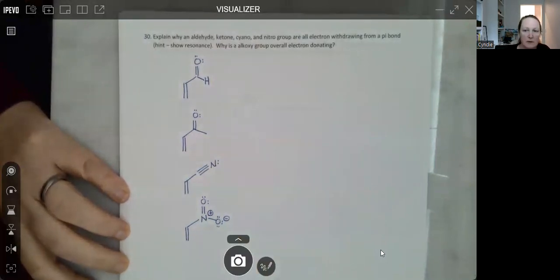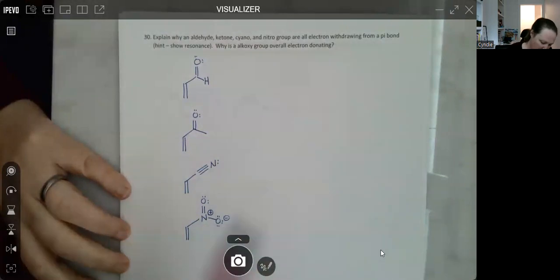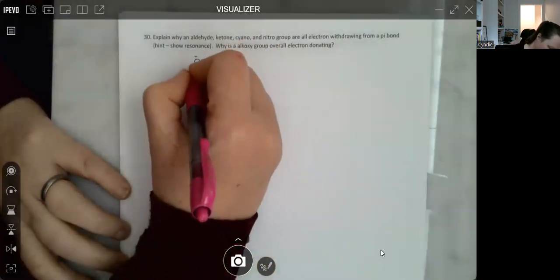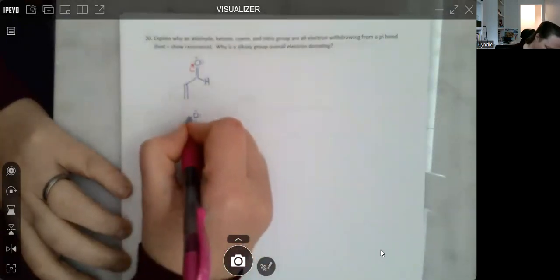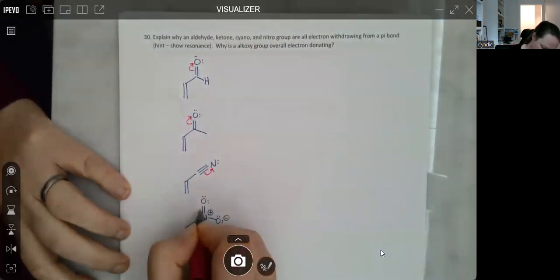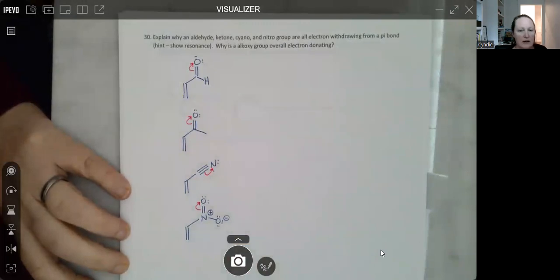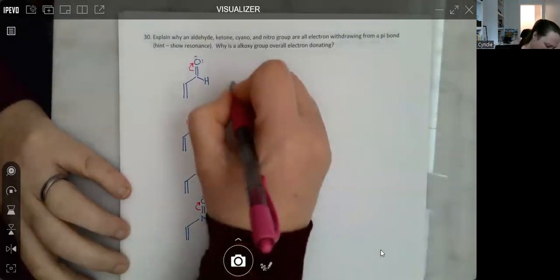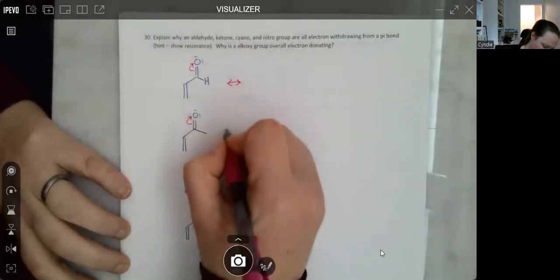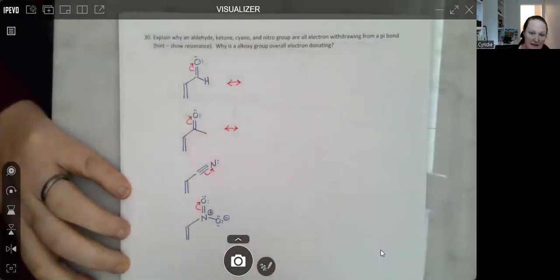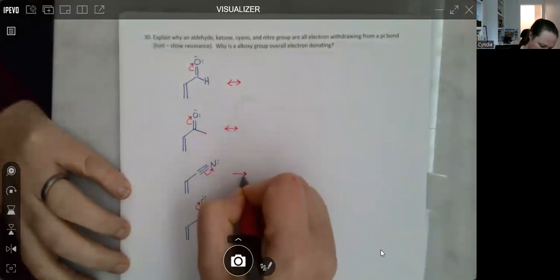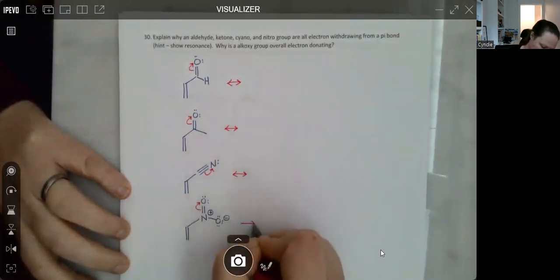And so if we're drawing resonance, right, we can start with pi bond between atoms of differing electronegativity. And we always give those electrons to the more electronegative atom. Don't forget, if you're drawing resonance, to draw a resonance arrow, which is not the same thing as an equilibrium arrow.